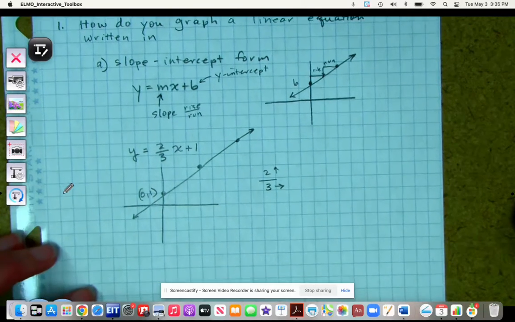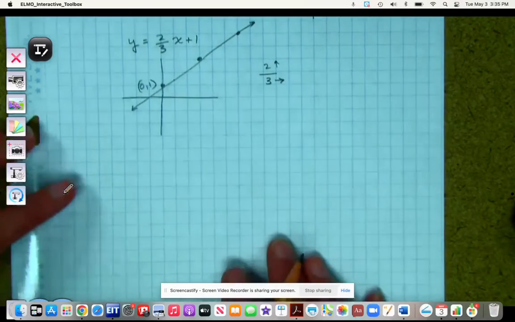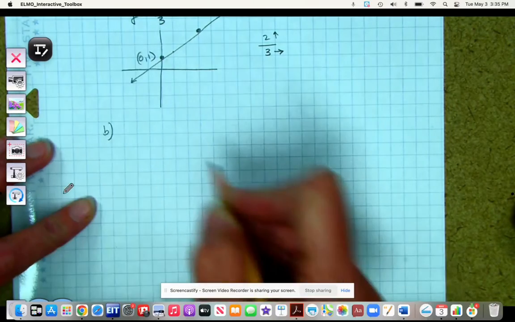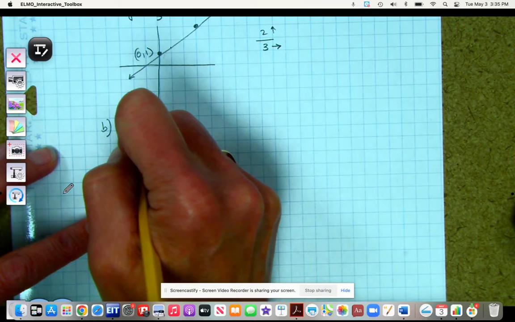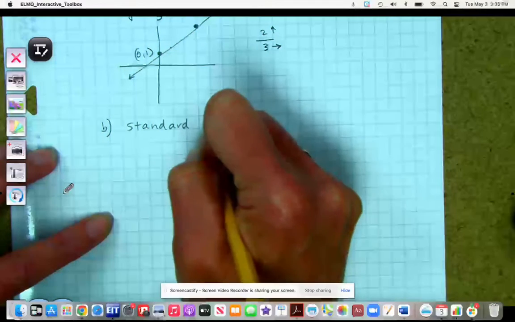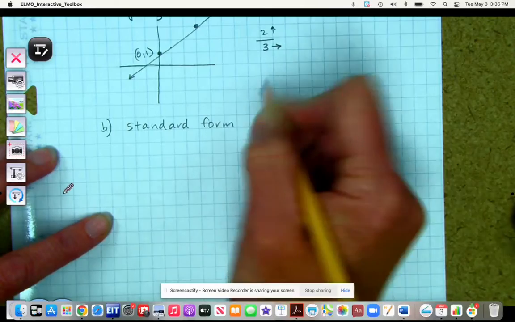Okay, so now we've learned a new type of linear relationship that we can also graph, and that's an equation that might be written in standard form. So how do we graph that?